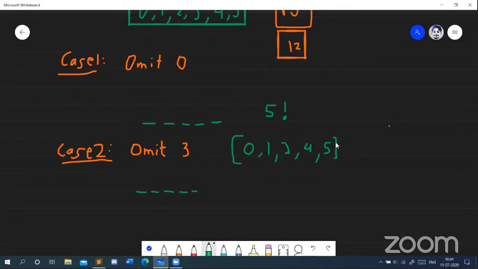Now I need to arrange these numbers in a line, but notice that 0 cannot be in the first blank, because if I fill 0 in the first blank, then my number will no longer remain a 5-digit number, right? Therefore, I have only 4 choices here. For the next blank, I can put 0 here and I used 1, so I'll still have 4 choices. And then times 3, times 2, times 1. I hope it's clear why I did that. So this is nothing but 4 times 4 factorial.